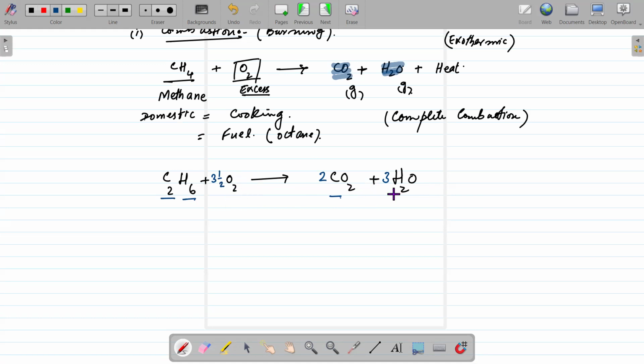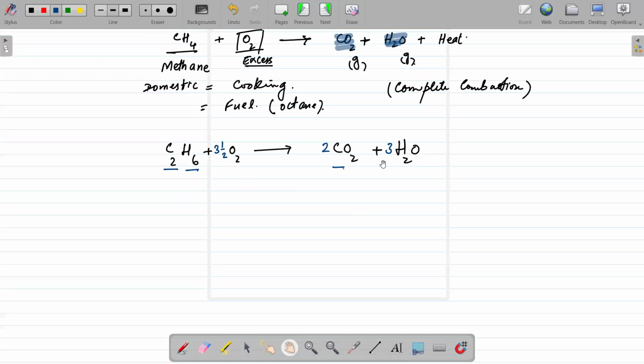But if you want to balance this equation into whole numbers, how can you balance it in a faster manner? You just multiply this whole equation by 2, right?